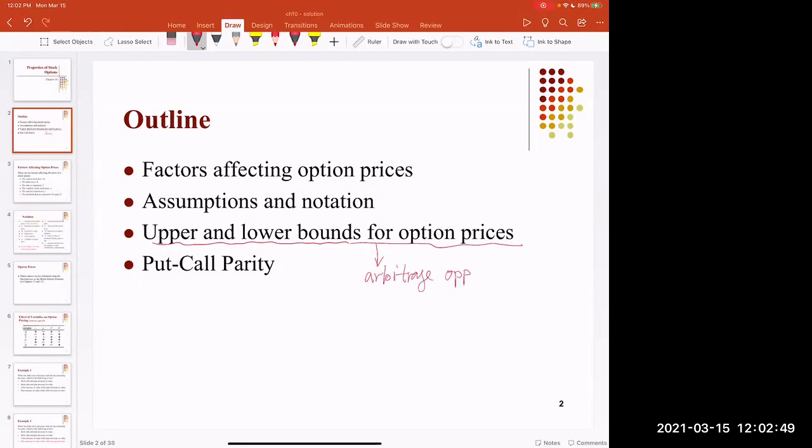Like we talked about before with forwards and futures, here with options we still have arbitrage opportunities. And the last one, we're going to talk about put-call parity and use put-call parity to make arbitrage opportunities.